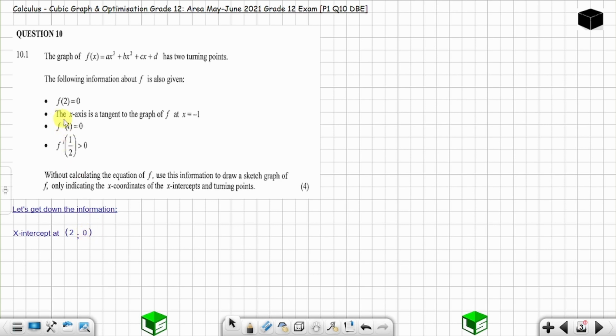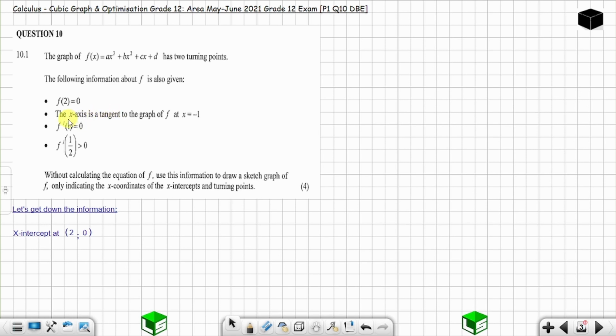When you check the second piece of information, you are told that the x-axis is a tangent to the graph of f at x = -1. You know that the x-axis is a horizontal line, and the only time that f can have the x-axis as a tangent is at the turning point.